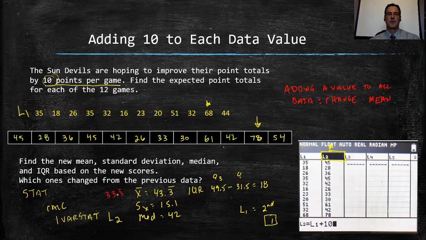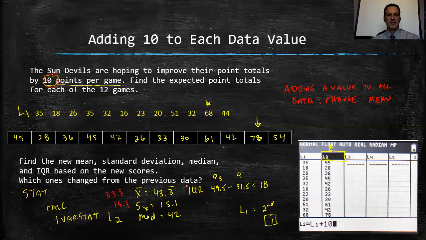In fact, if I'm jumping from 33.3 to 43.3, both with hats on it, you notice they jump by 10, and that makes sense because you increase each data value by 10. Did it change the standard deviation? Well, the last one was 15.1, and this is also 15.1. So no, the standard deviation did not change.